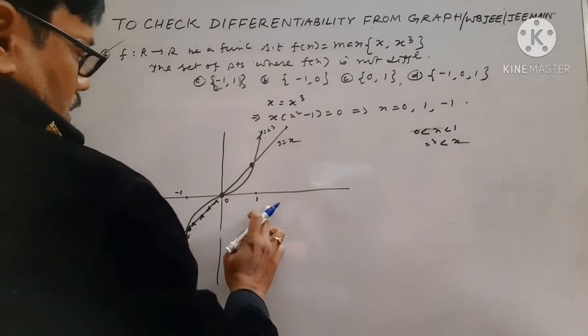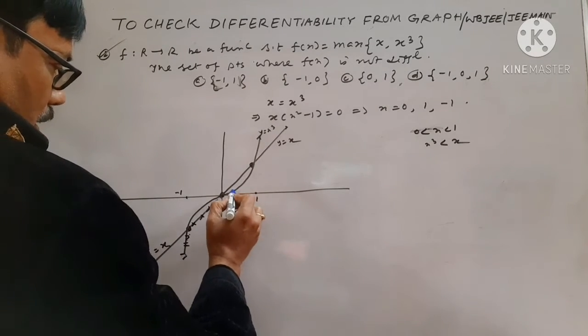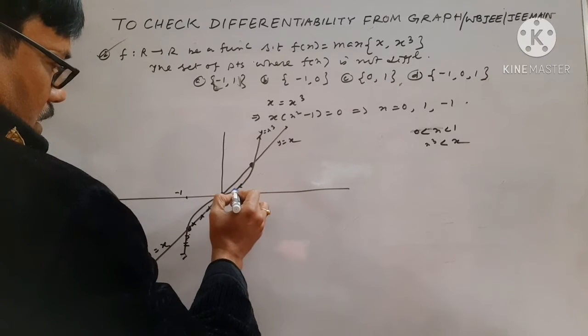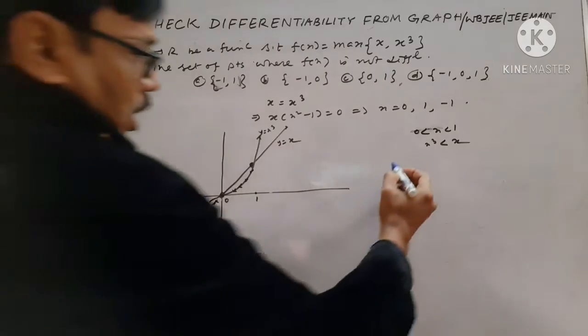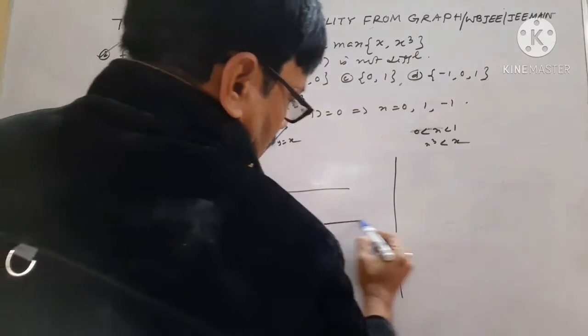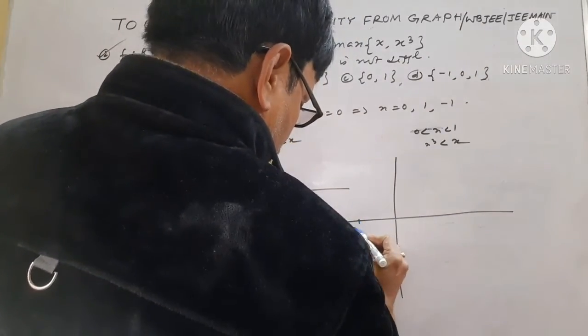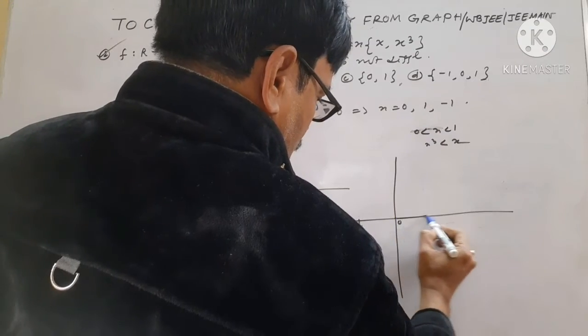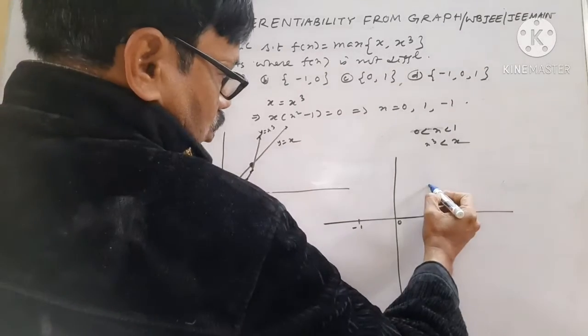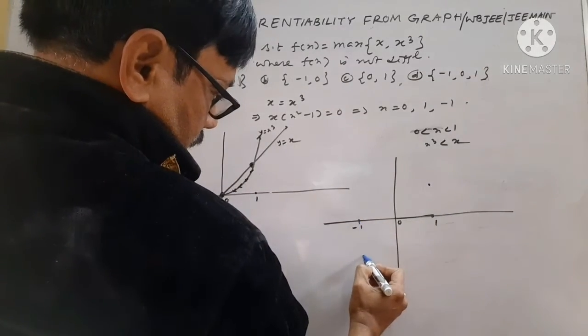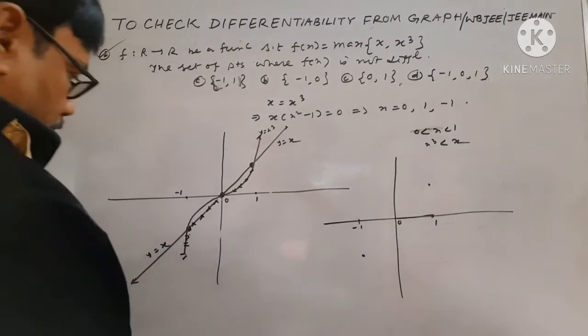Between 0 to 1, this part is absent. So we are getting a figure like this. So this is minus 1, this is 0, this is 1. At 1 it is 1, at minus 1 it is minus 1.